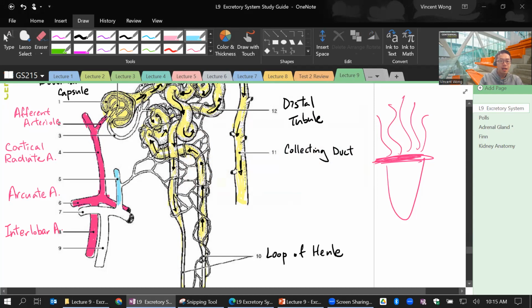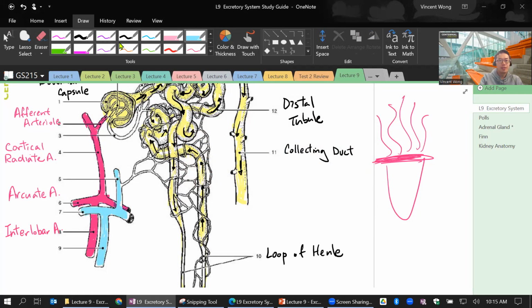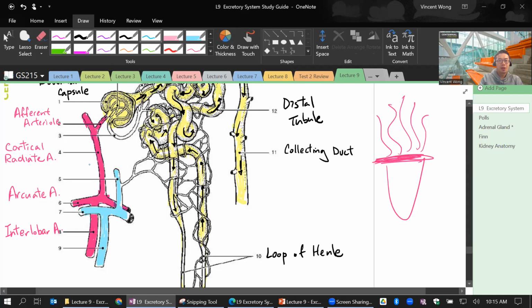Everything else should be straightforward. Number 5, number 7, and number 9 are just the counterparts of the arteries. So this one would be the cortical radial vein, that's CRV. This one is CRA, like the tax people.